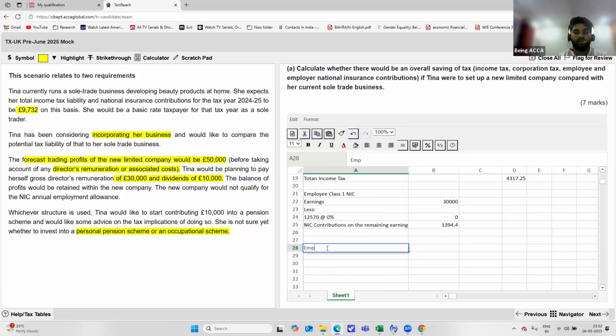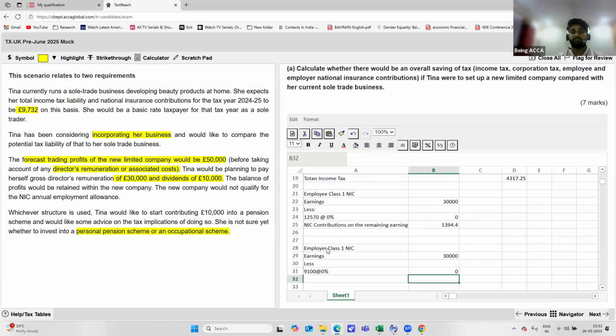Now coming to employer class 1 NIC, earnings again would be 30,000, and less 9,100 at 0% is equal to 0.